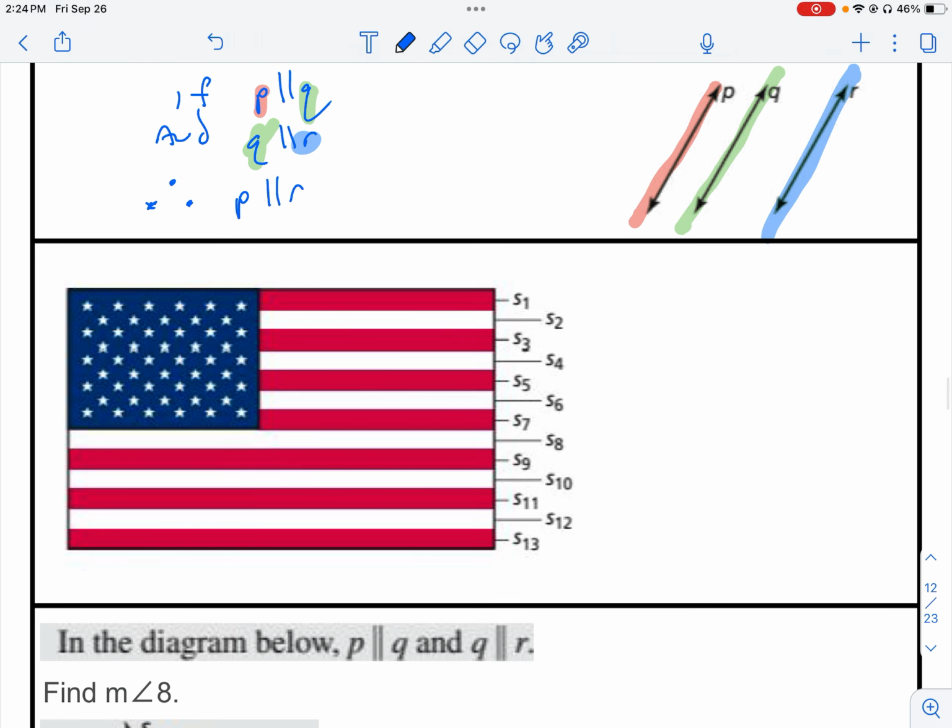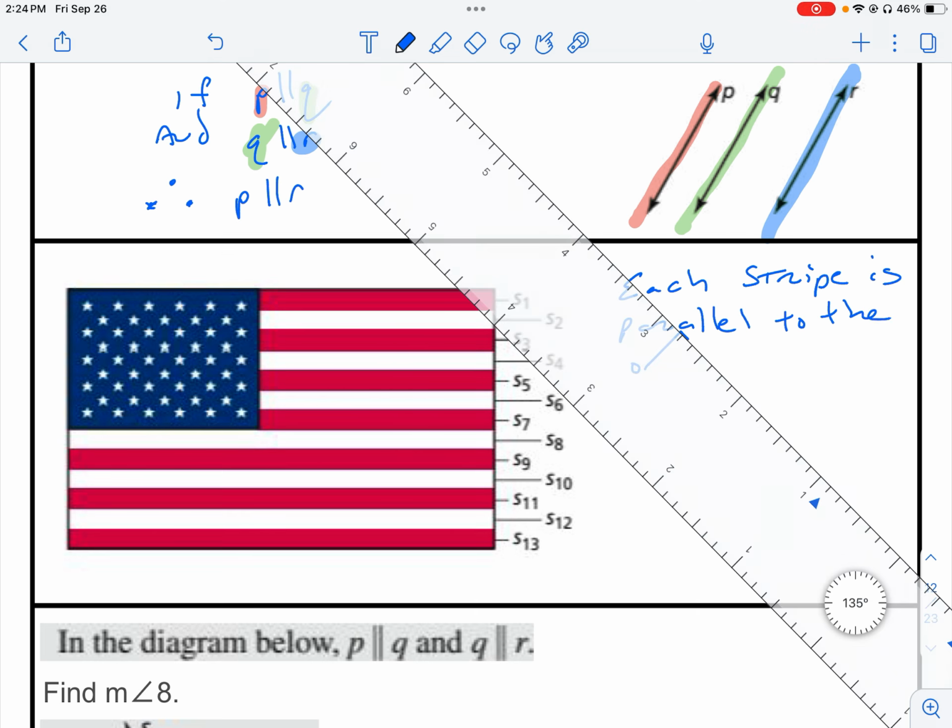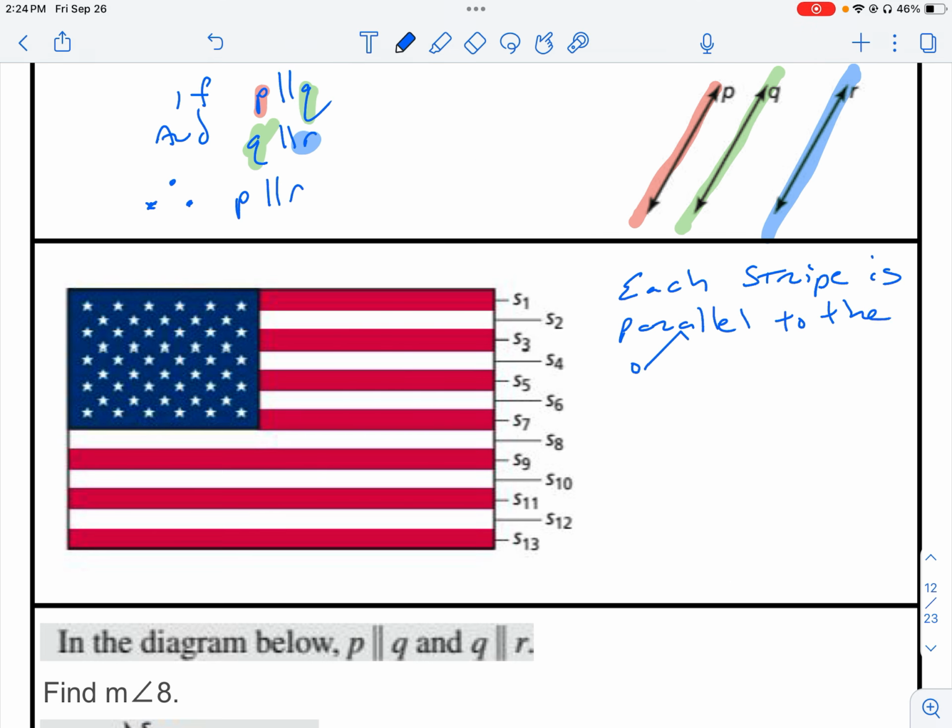So here we have our American flag, and each stripe is parallel to the one immediately below it.